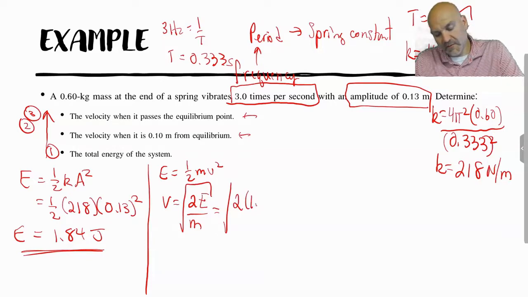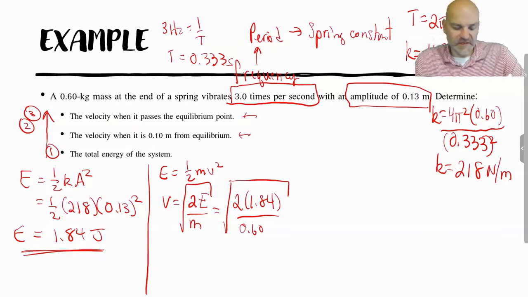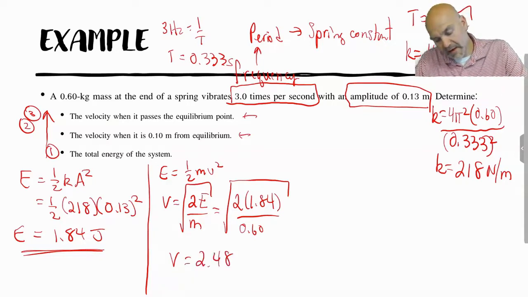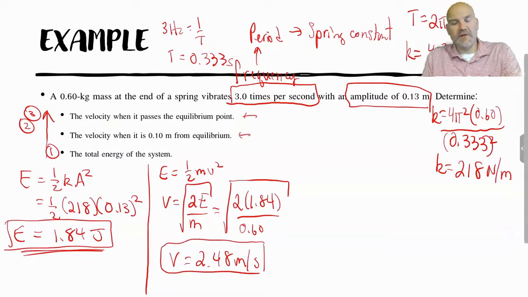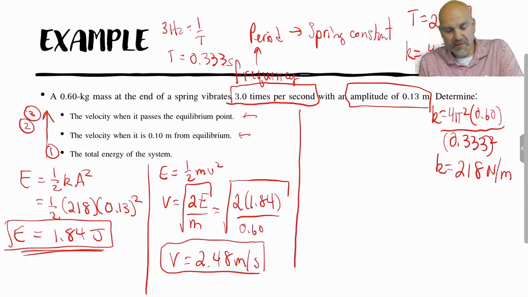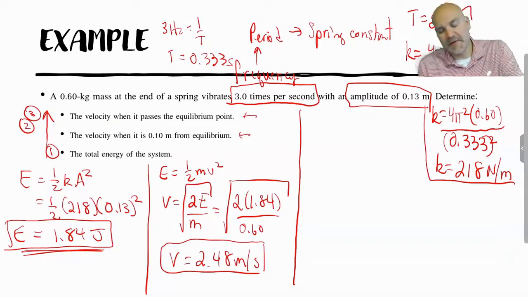So we say 2 times 1.84 divided by 0.60, and that'll give us the speed at the equilibrium point, and that will give us a value of 2.48 meters per second. Okay, so that would be when it's at its equilibrium position. And equilibrium position for a spring just means it's in its natural state.